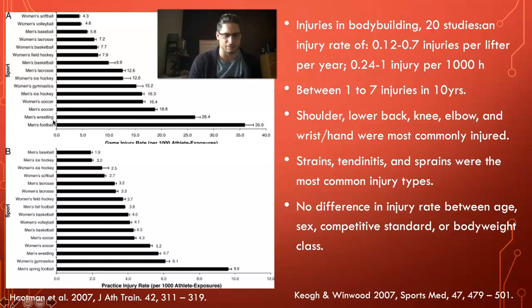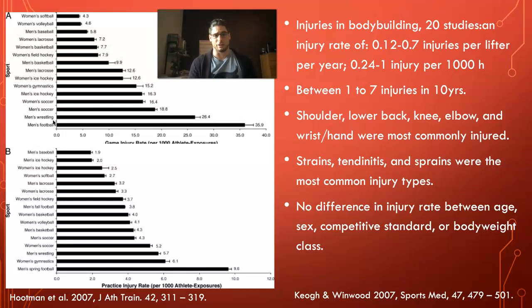But what you can see here is that injuries are fairly common in sports that are more contact, and less common in the non-contact sports from here. It's also fairly apparent that the strength and power sport, such as American football, causes the highest amount of injuries. So you're more likely to get injured in a sport like this. This is more a cross-section of American sports. You can imagine sports like rugby also being fairly high up on the list as well.